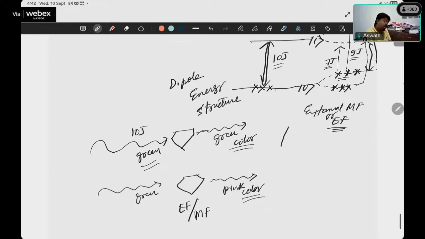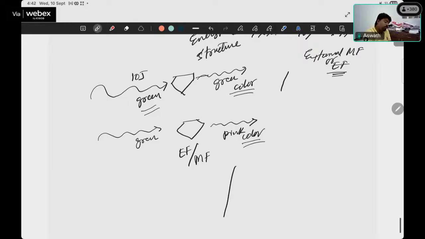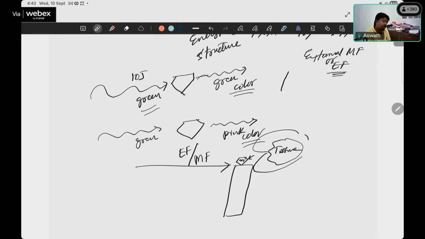So, if I prepare a small probe where I put a diamond at the tip, this diamond NV center is so sensitive. If I take a tissue, it has its own magnetic field lines. These field lines will induce hyperfine splitting. Now I'll send a laser with a green light.